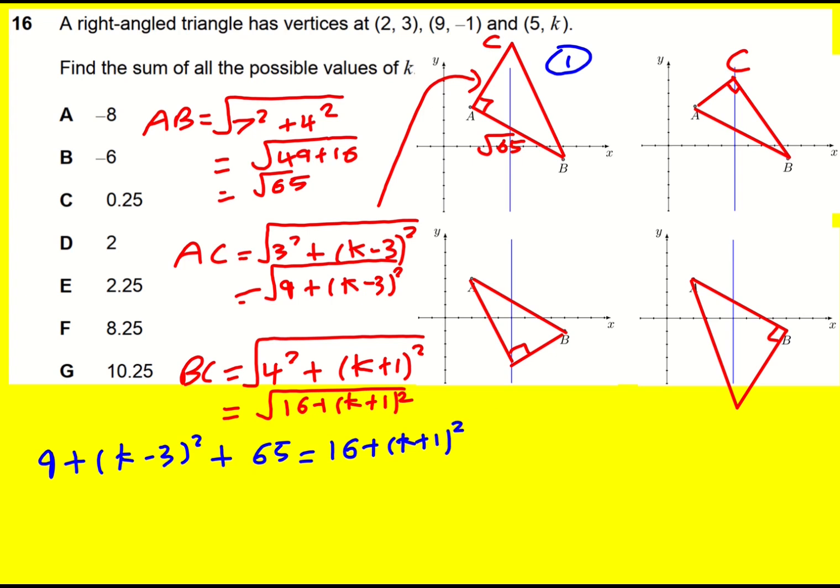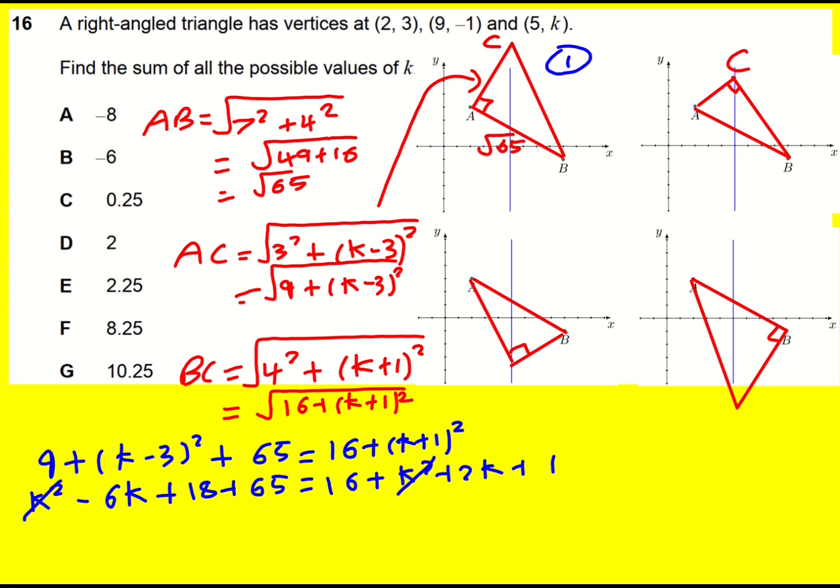Can't really do many shortcuts. Maybe that gradient method is a bit quicker, I don't know. It looked a bit awkward when I saw it, so I didn't spend much time on it, to be honest. I'm going to get k squared minus 6k plus 18 plus 65 equals 16 plus k squared plus 2k plus 1.